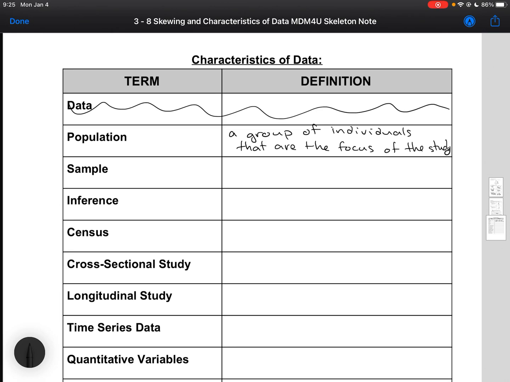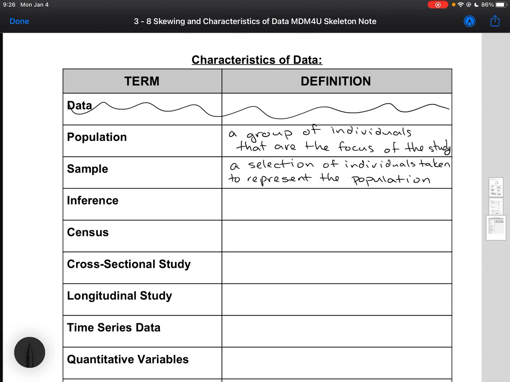The subset of this is a sample, and this is a selection of individuals taken to represent the population. So for example, the population might be the students at Glenview.